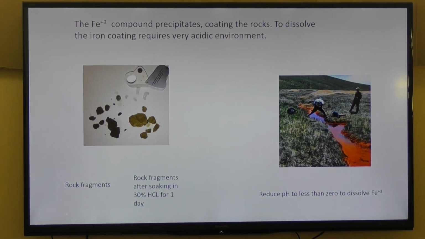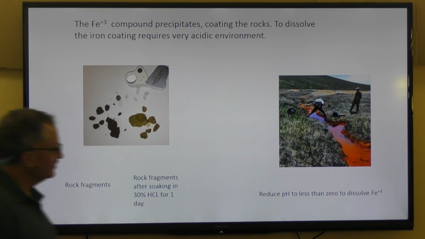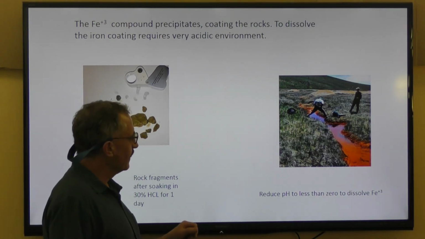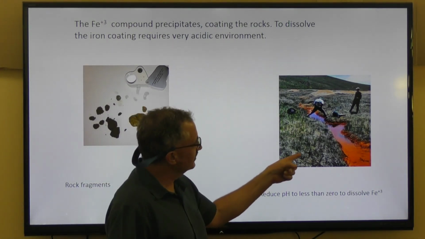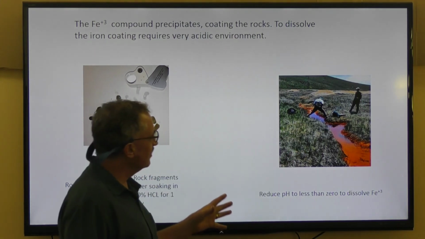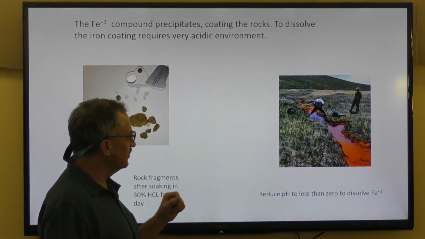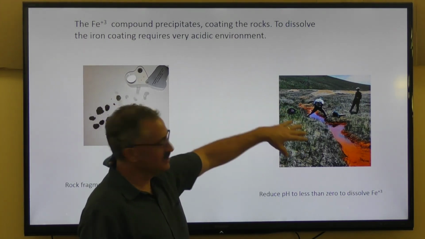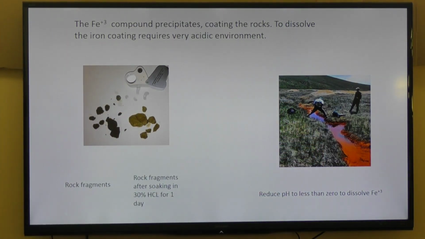It's a problem. One of the things people tried to do with this in one case was they took a dump truck full of limestone, ground it up and dumped it in here to try to neutralize it. And what happened, it didn't work. Right at the surface of every piece of limestone, the pH went up like it was supposed to.